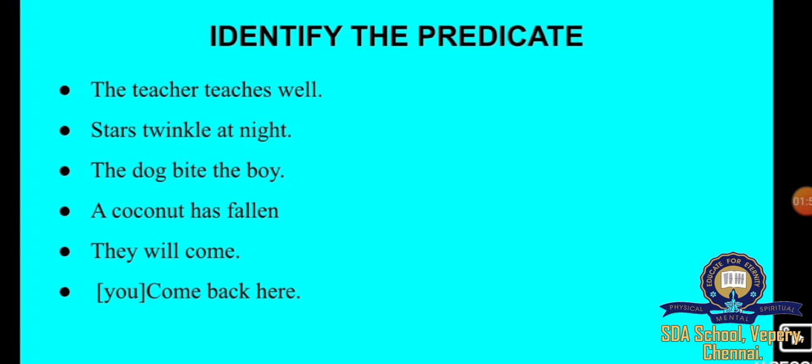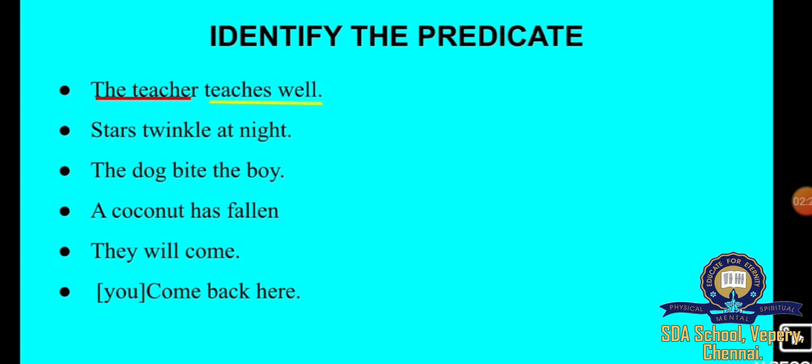The first sentence, the teacher teaches well. So here, what is the subject? Yes, the teacher is the subject and the remaining part is called the predicate. So here, teaches well is the predicate.